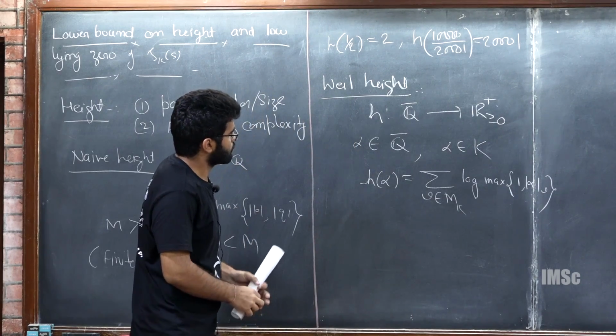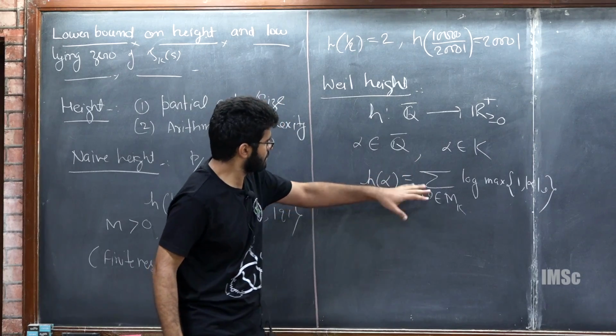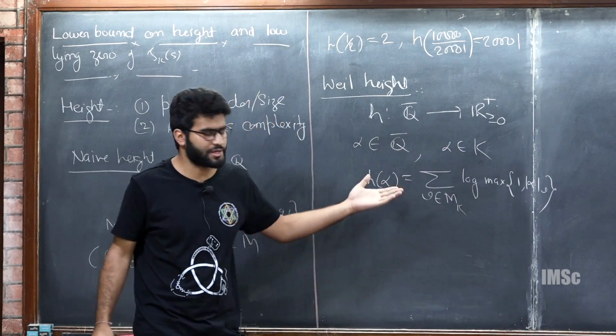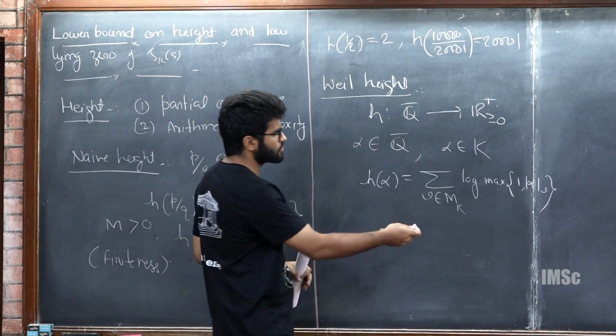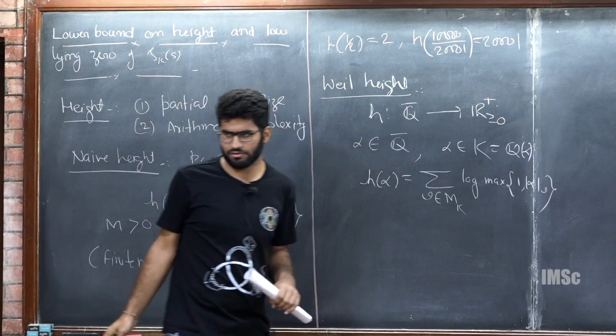This absolute value is normalized in the sense that our definition of height doesn't depend on which number field K I am taking, where alpha belongs. So we can always take it to be Q(alpha).